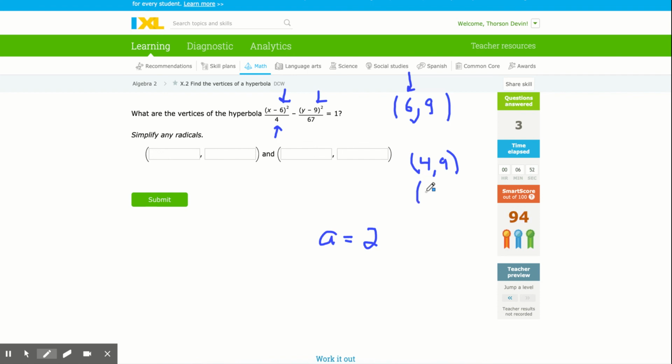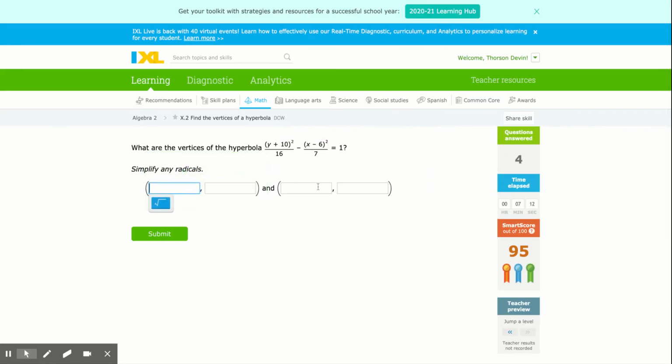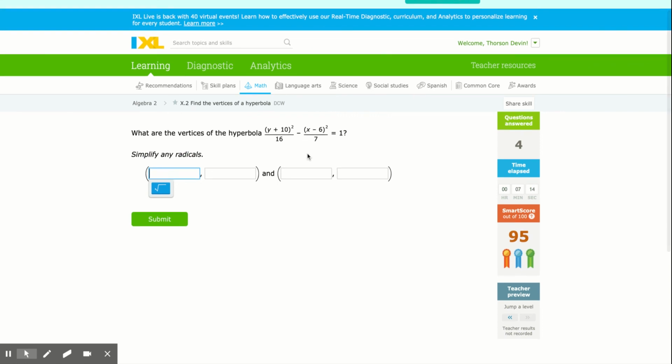The other vertex would be 8, 9. So now I can type that one in. I type in 4, 9, and 8, 9. They give us the option for a square root because I'll bet some might end up being a square root.